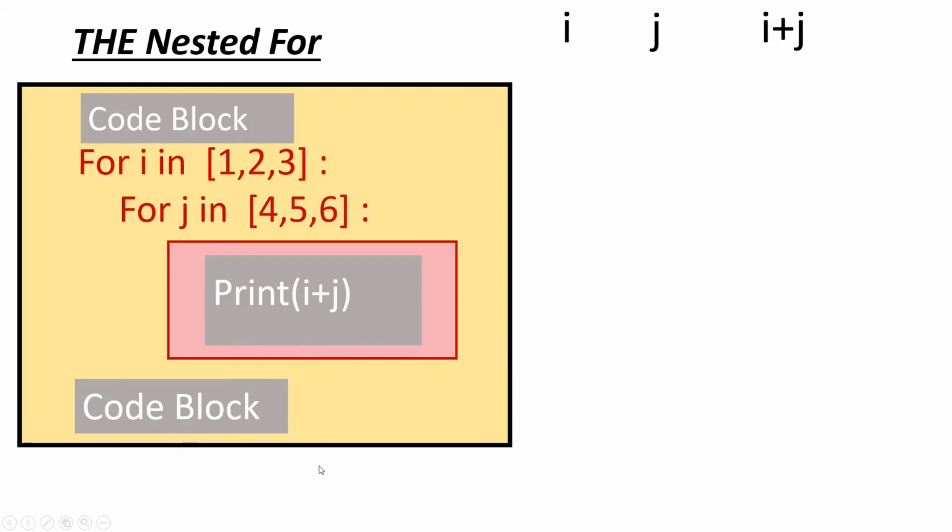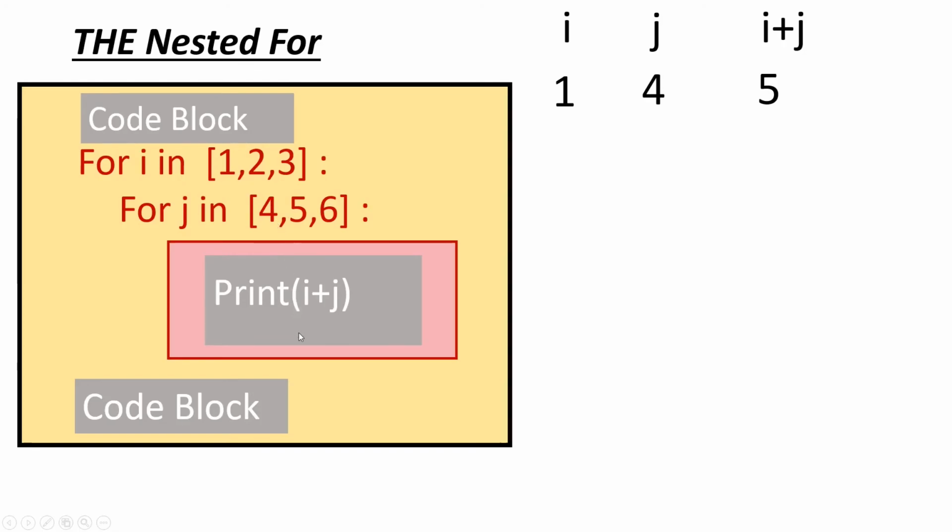Now let me show you with an example how the values will be taken, how the iteration will take place. First, i takes the value 1. When i takes its first value 1, j will take its first value, that is 4, and printing is i plus j. So 1 plus 4 will be printed as 5. Remember, i has taken the value 1 and j has taken the value 4 in the first iteration.